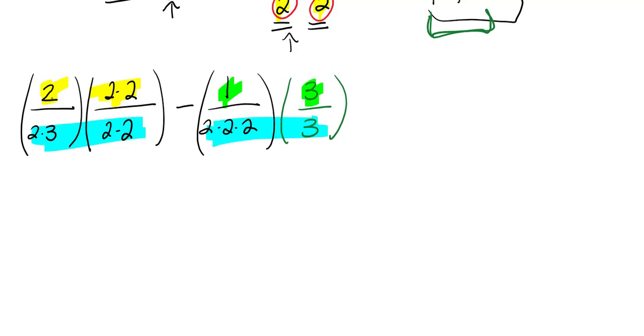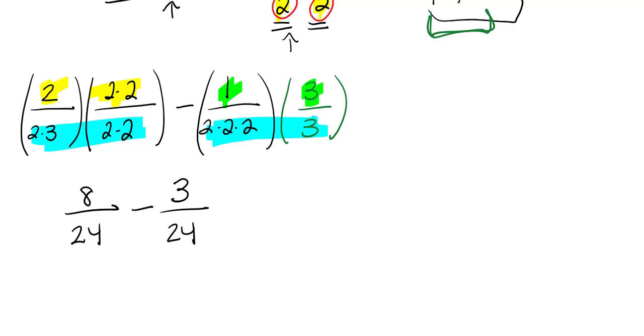So now let's go back. This 2 times 2 times 2, well, three 2's being multiplied together is equal to 8, which is over 24, minus 1 times 3, which is 3, over 24. Now we have a common denominator, and now we can go ahead and subtract.